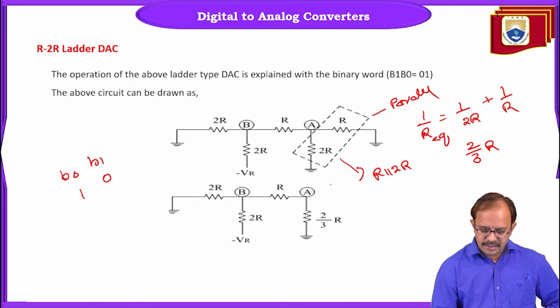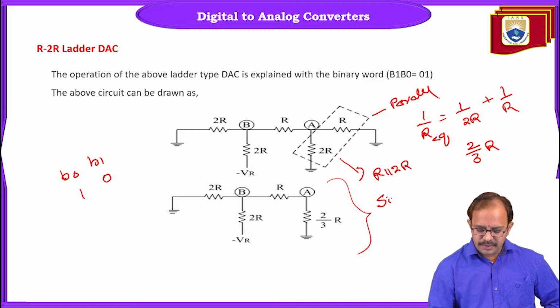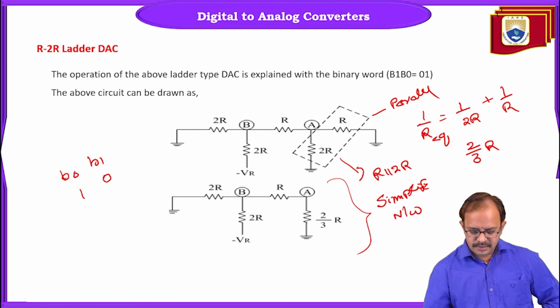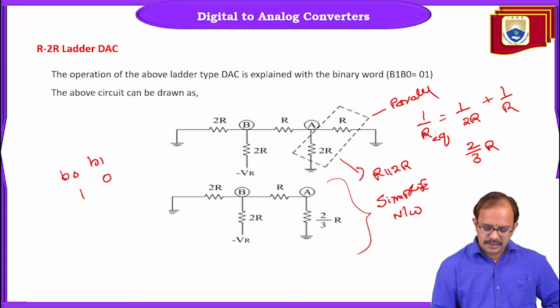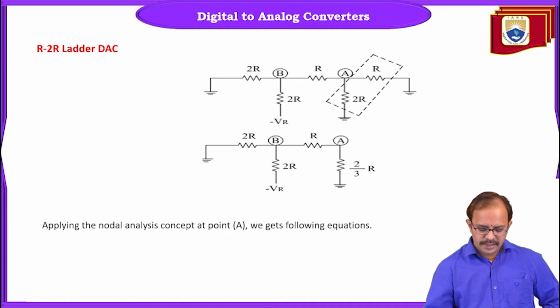Now this is our equivalent circuit for analysis, the simplified network for the analysis. So we are going to consider the voltages across node A and node B. Now let us proceed further.